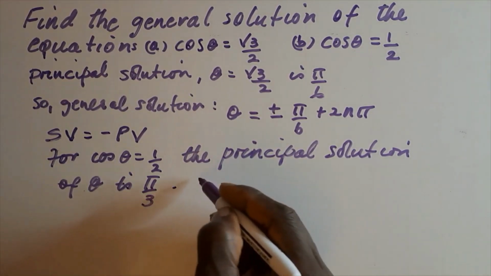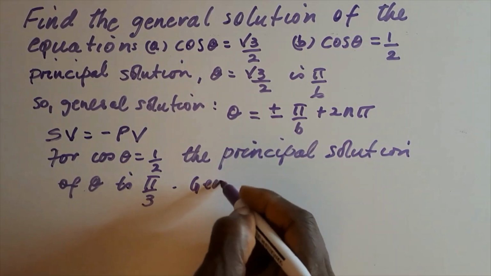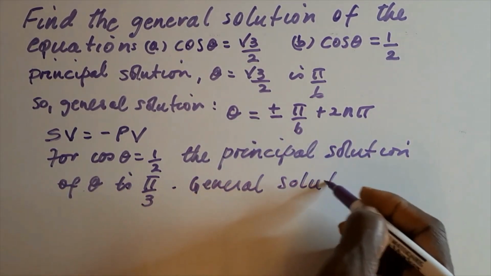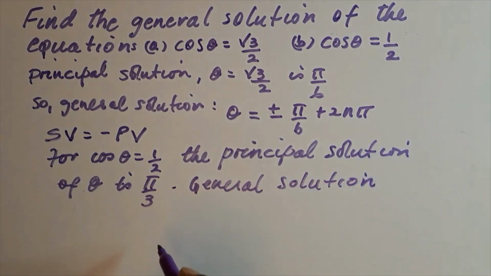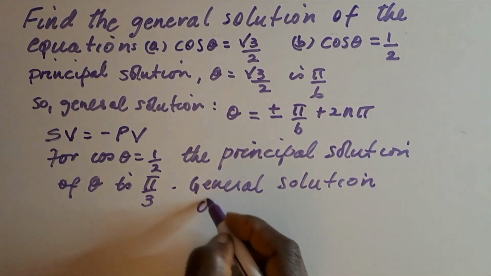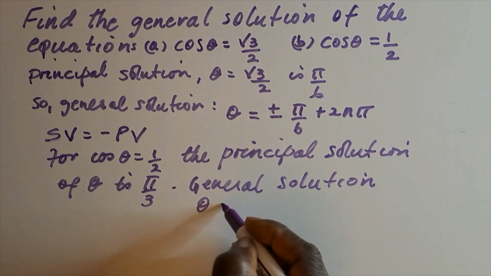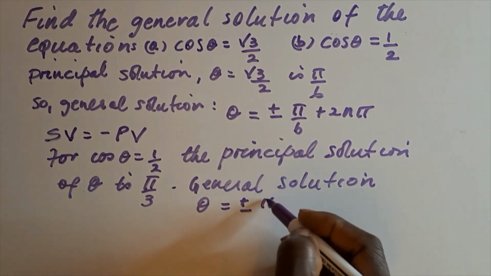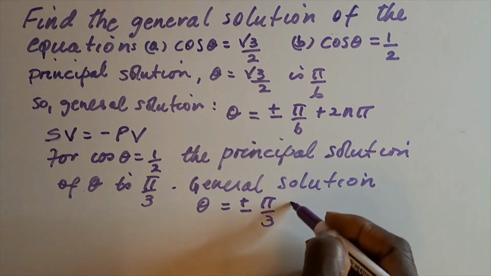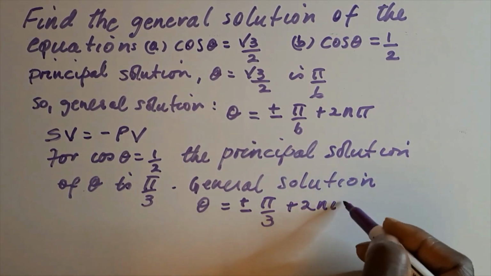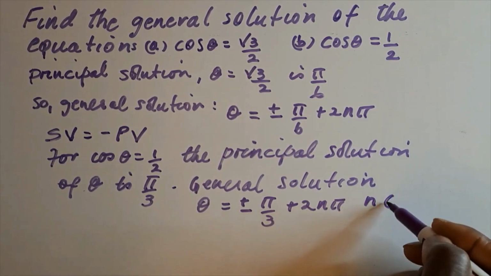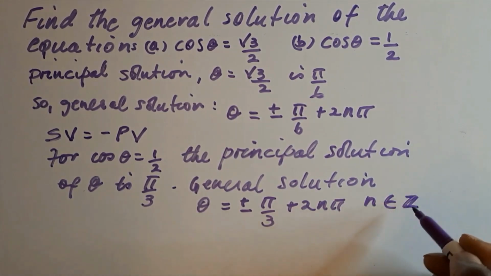So the general solution is theta equal to plus or minus pi over 3 plus 2n pi, where n belongs to the set of integers.